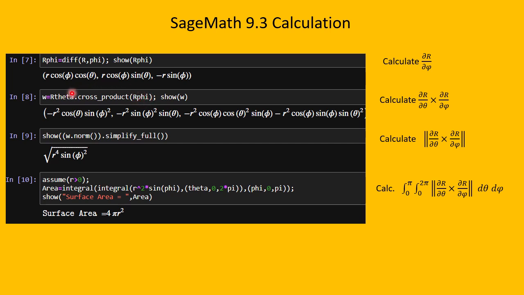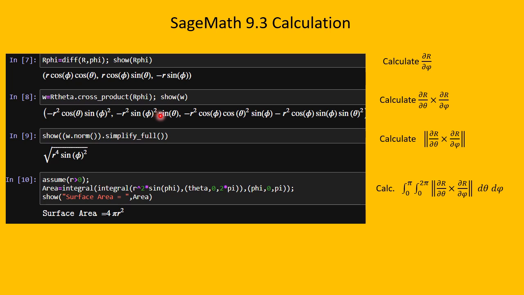And it stores the result in the variable w. And so we'll show w. We'll show what the cross product is. And here it is right down here. And as you can see, it looks kind of complicated, doesn't it? So we're not going to spend time on that, but this is the cross product.